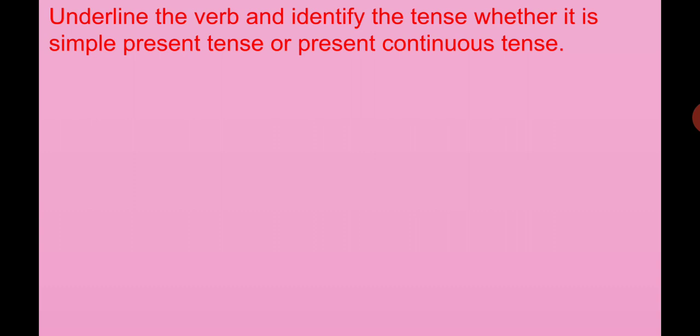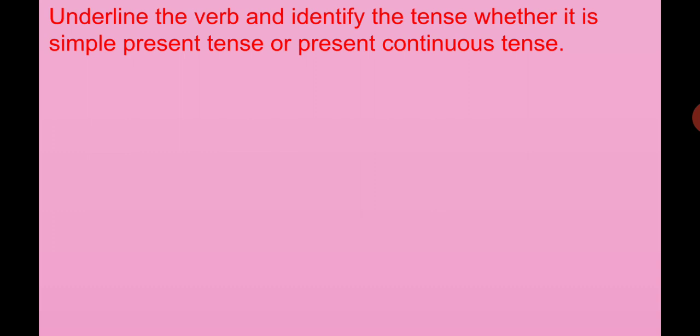Now we are going to do another exercise, and let's read the heading. Underline the verb and identify the tenses, whether it is simple present tense or present continuous tense. So in this exercise you have to read the sentence, identify the noun and the verb, and from the form of the verb you understand what kind of tense is in the sentence.